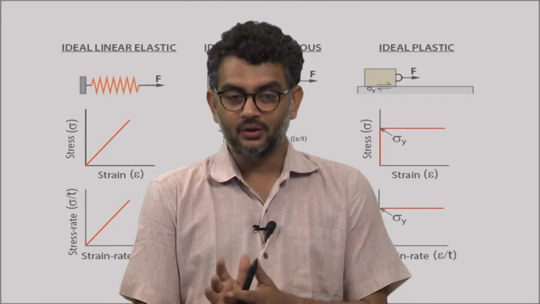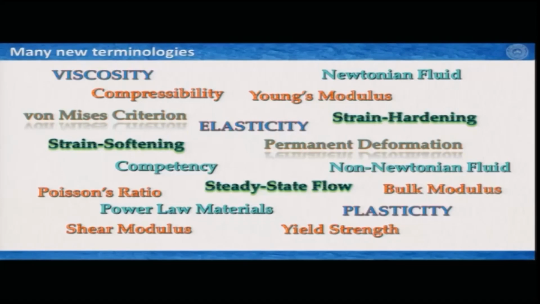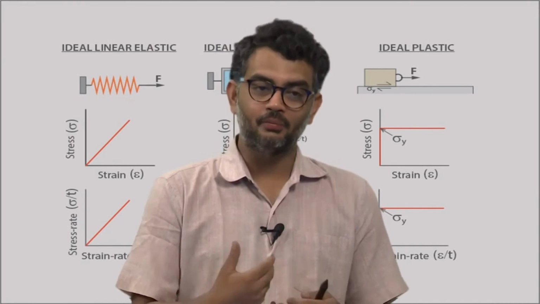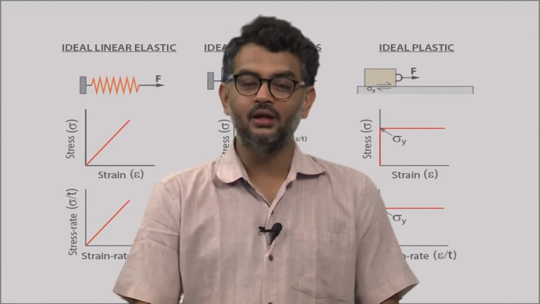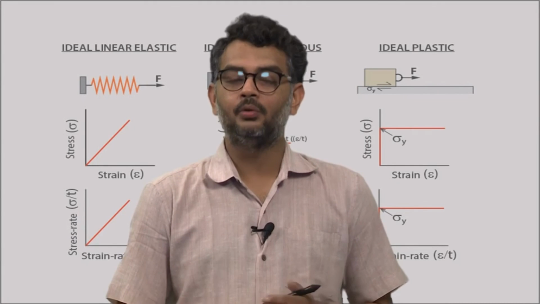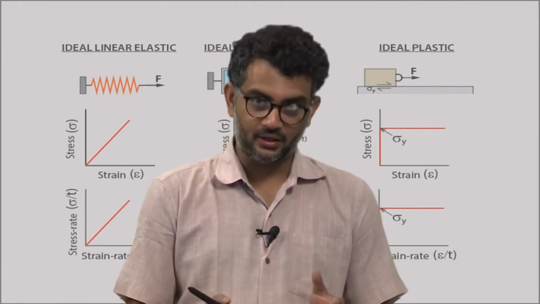So, what you can do, you can pick any of these terminologies and think of, what is this? Say if you just talk about Poisson's ratio, okay, what is Poisson's ratio? Let us think about it. If you do not get it, go back and look at what is Poisson's ratio. This is how you will be very familiar with these sort of terminologies, which are extremely important to understand the deformation of rocks at different conditions.